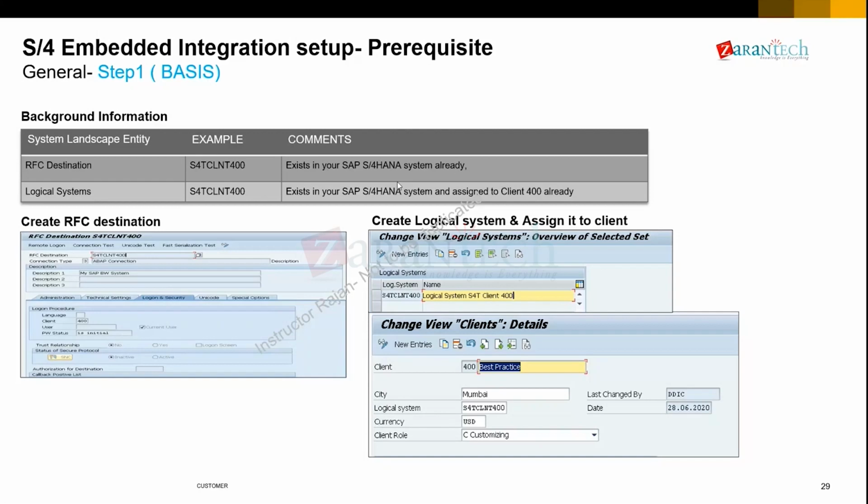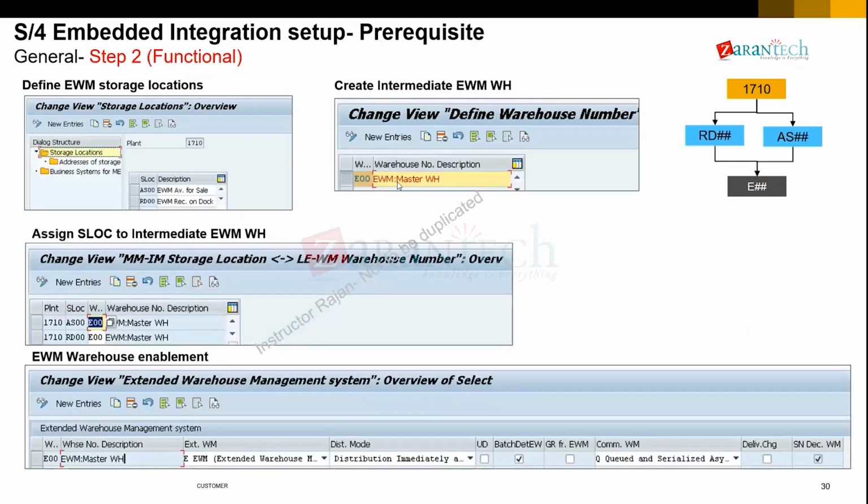Step number one, I would say this is a prerequisite, and once basis is done, then we, as functional or EWM consultants, should know the plant storage locations, and ensure how many there are. Typically in an EWM implementation, we don't expect tens or twenties of storage locations.